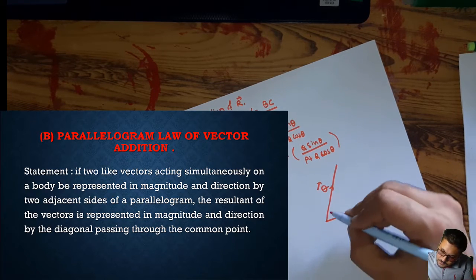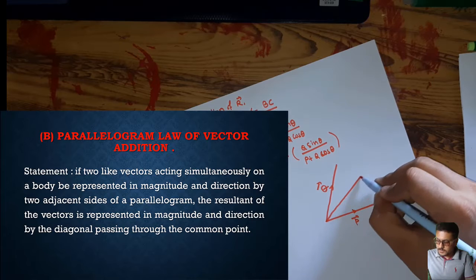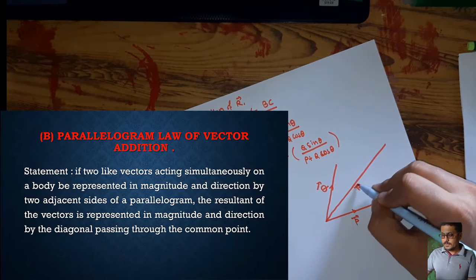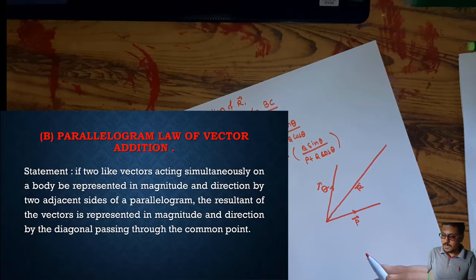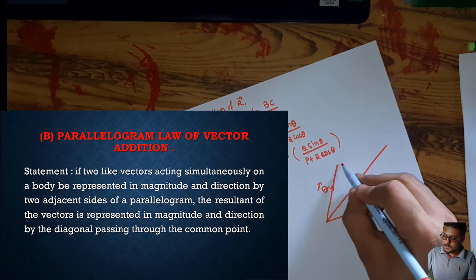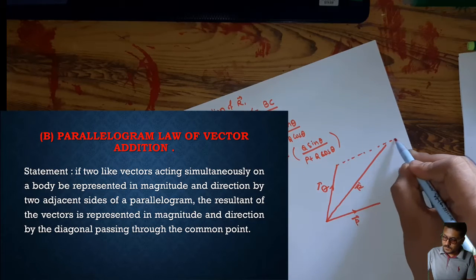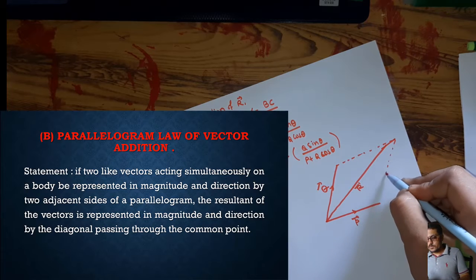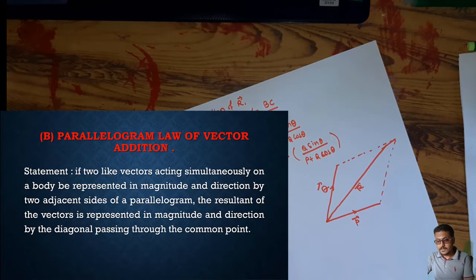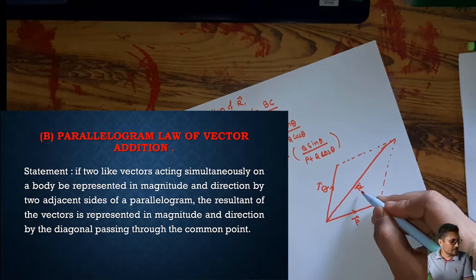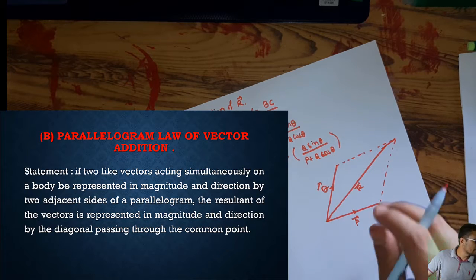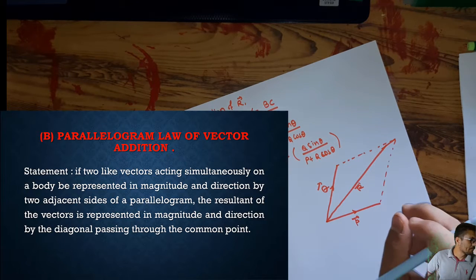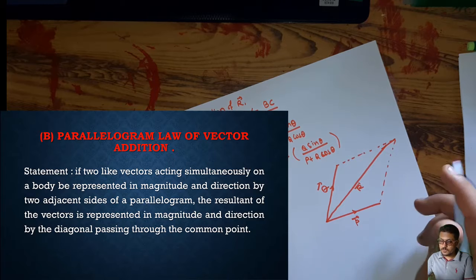Then their resultant should be the diagonal for this parallelogram. Okay, this is a statement. We have to find the value of r and the value of phi, that means the angle for this diagram.